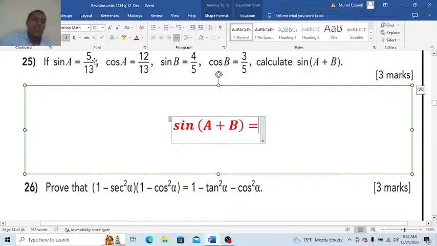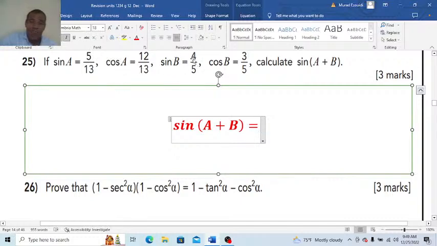Another question is they give only sine of A, and you should find the cosine of A using the trig function, or you should state the Pythagoras theorem. You draw a right angle triangle, then you label the hypotenuse, which is 13, and the opposite side is 5. Then you find the adjacent side, which is 13 squared minus 5 squared, and then you take the square root.